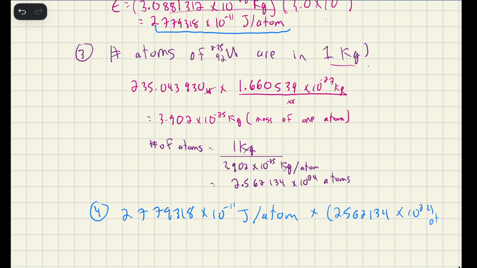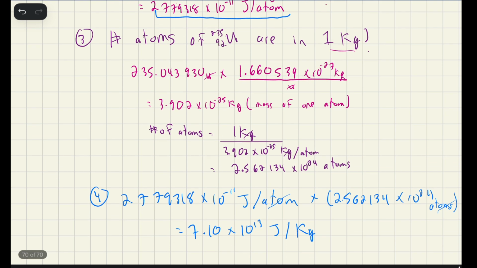That way our atoms cancel out, and we end up with roughly 7.10 times 10 to the 13 joules per kilogram. So that's the nuclear reaction.